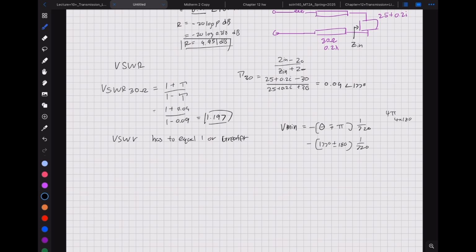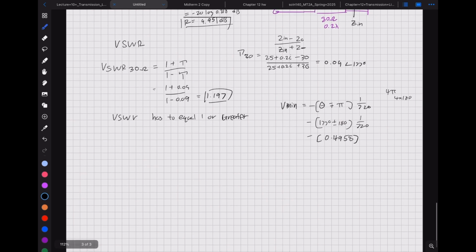Okay, so we add them together and then we divide it. We're gonna end up with negative 0.4958. Okay, so this is one of our minimums.